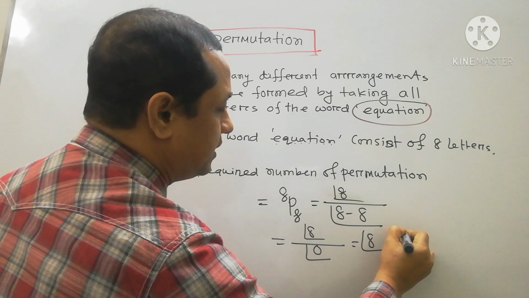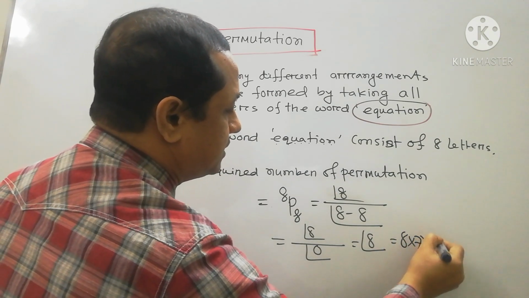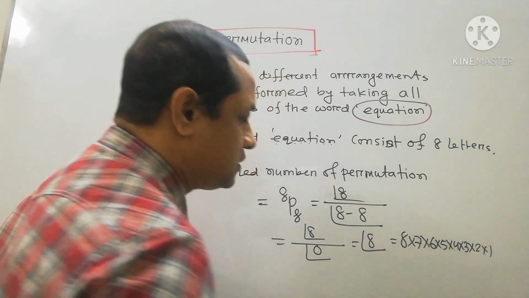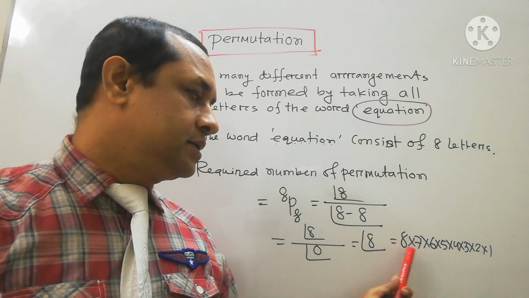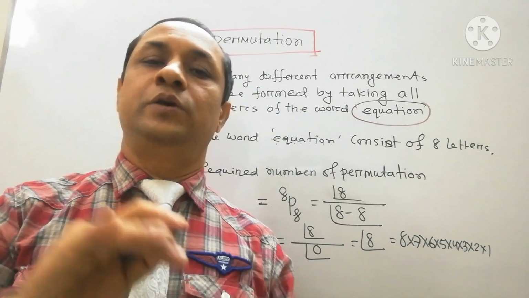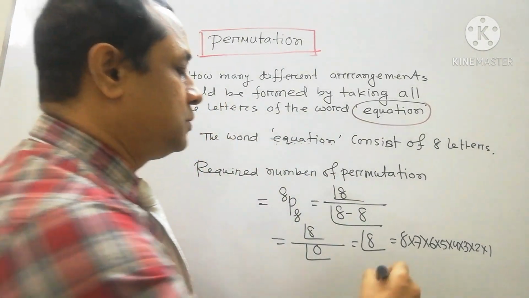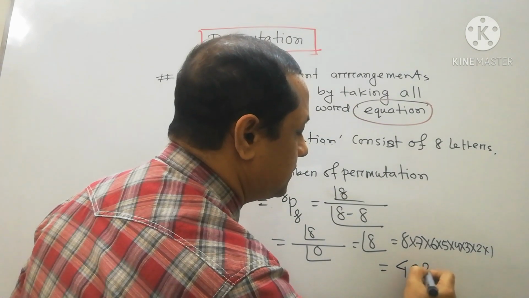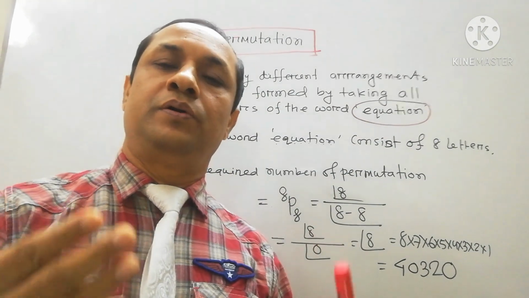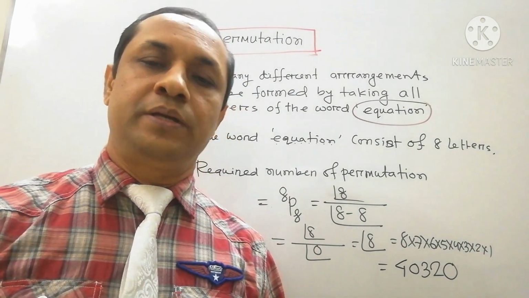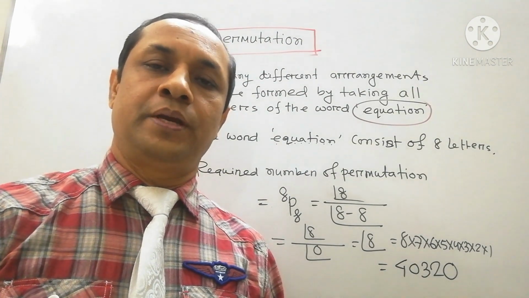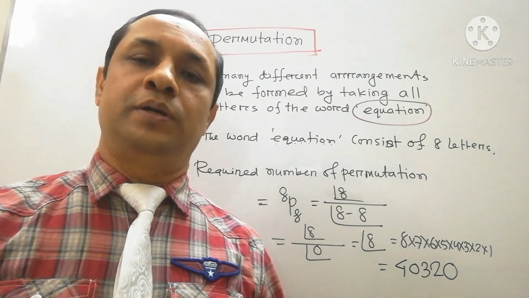Factorial 8 means 8 × 7 × 6 × 5 × 4 × 3 × 2 × 1, or using a calculator, the result will be 40320. So the required number of permutations, arrangements or words is 40320. I hope that students you are clear.